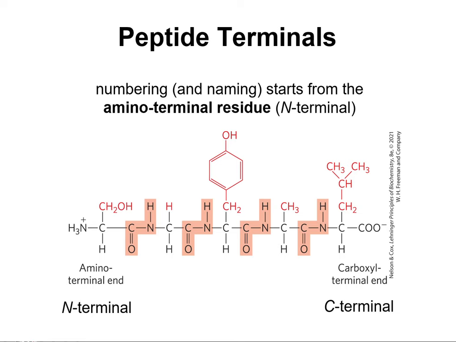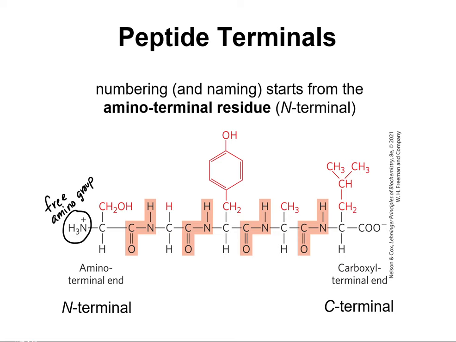When it comes to numbering and naming, we're going to start with the amino terminal end. So notice this free amine here, this free amino group. That is the N terminal end.